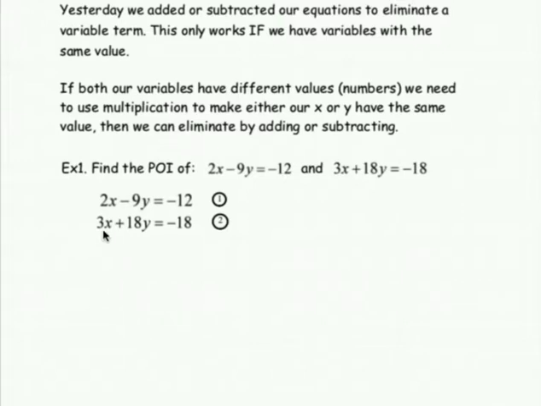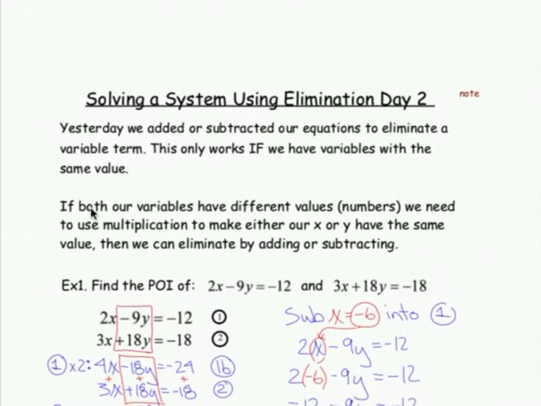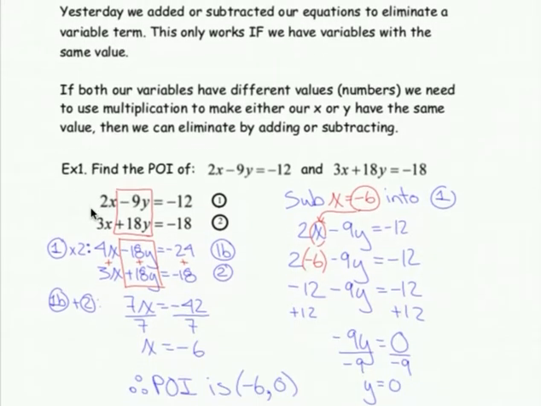And if we minus them, we're going to get negative 1, and it doesn't get rid of this one either. So what we have to do is multiply one or both equations to help us get rid of a variable. Okay, so we're going to take a look at what we would need to do.